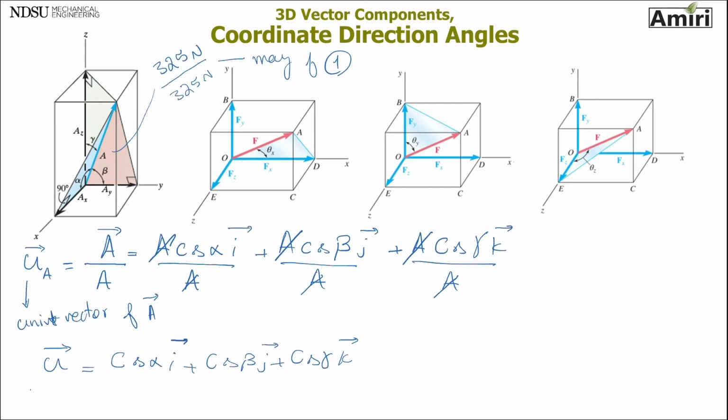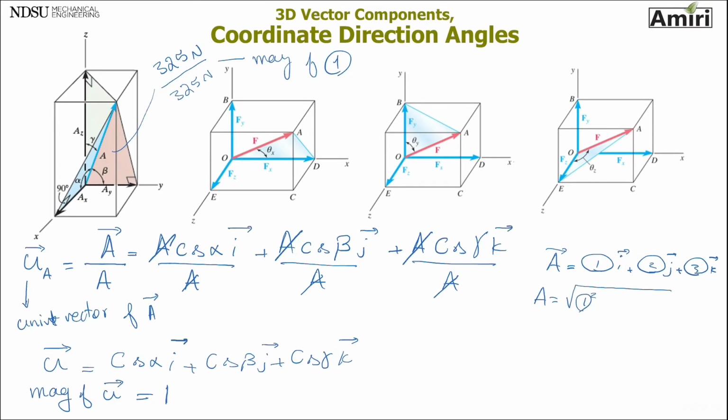What is the magnitude of a unit vector? You're right, it's 1. What is the magnitude of any vector? Let's see, A is 1 I, 2 J, 3 K. The magnitude of A, remember, was whatever goes in those places. Right?